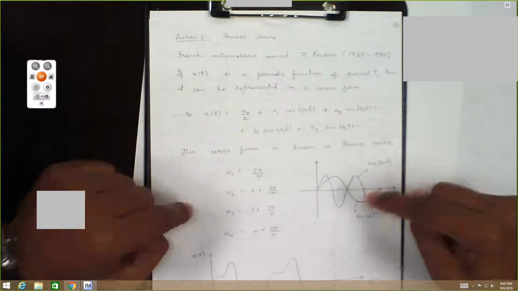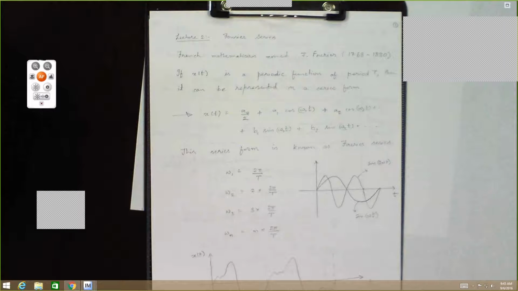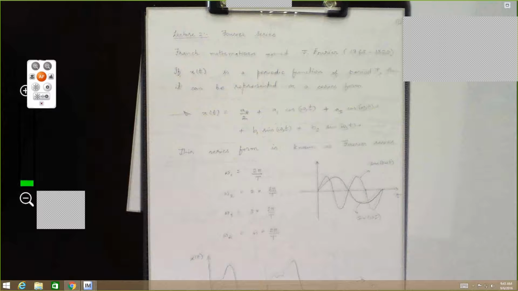Can you guys see the screen clearly, or is it a little too blurred? You would like it to be zoomed more? Yes? Okay, let's do that.